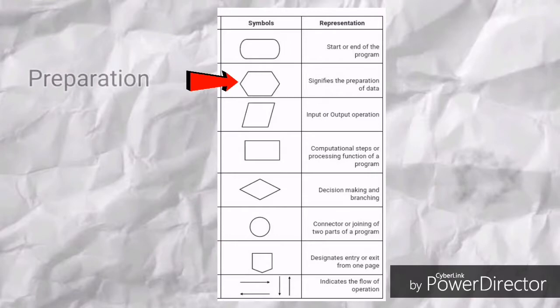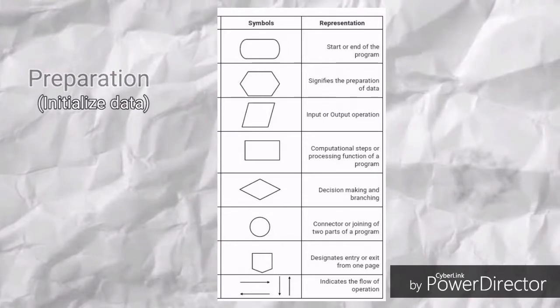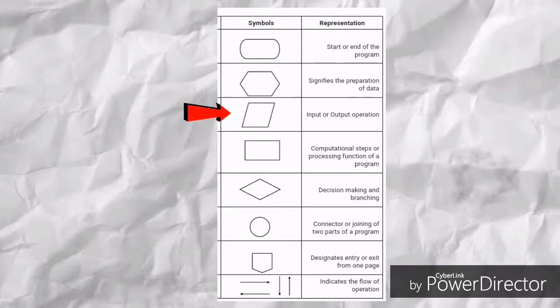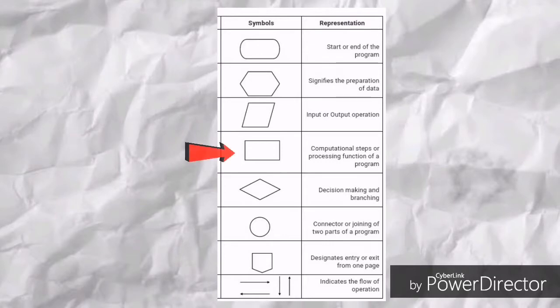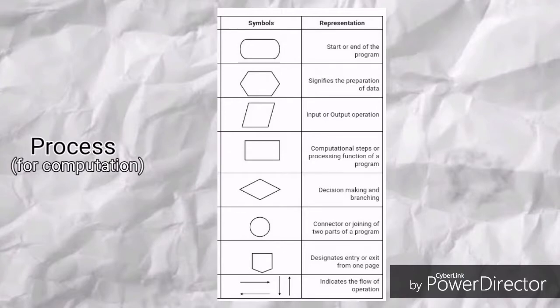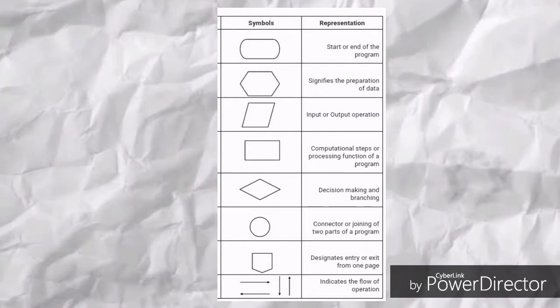Next is the preparation symbol. It is for initializing all your data. Then, the parallelogram. It is for the input or output operation. This rectangle tool is the process. It is for computational steps or processing function of a program.